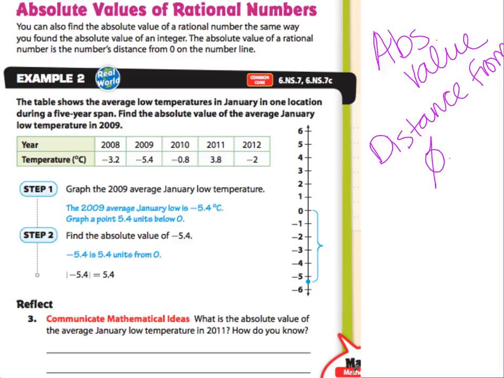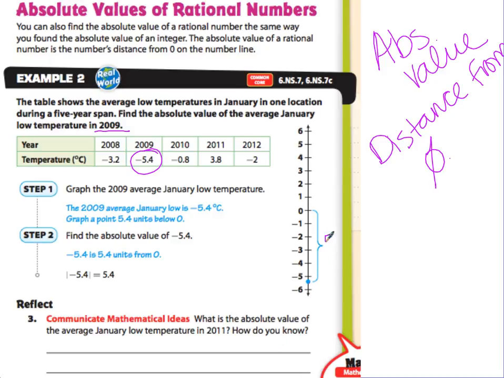Okay, so in this case, we're going to graph the numbers, okay, in 2009. I apologize. So 2009 is important. So in 2009, the average low temperature is negative 5 4/10. Well, I know that 5 4/10 is less than 5.5. So my dot on my number line has to be closer to 5 and not directly in the middle.